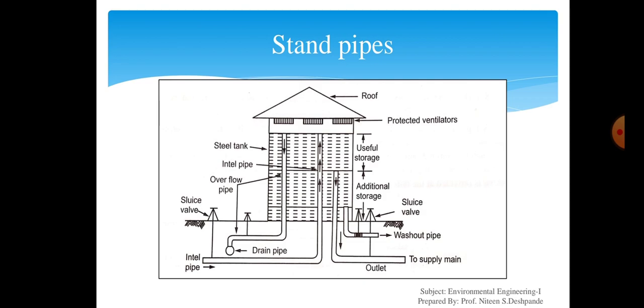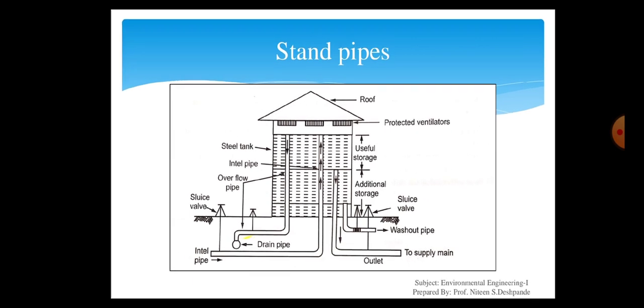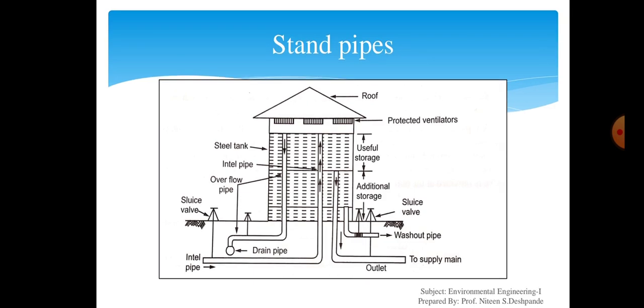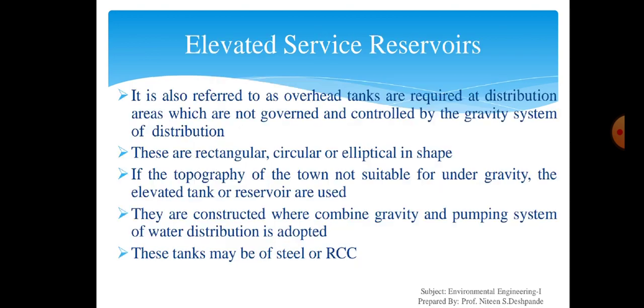There are protected ventilators and a roof covering so as to avoid contamination of water through it. So these are the parts of the stand pipes which are situated on the ground itself, but they are supported. Okay.